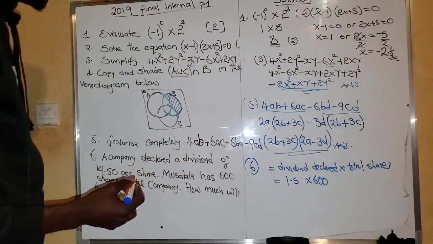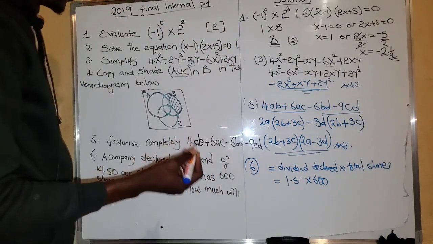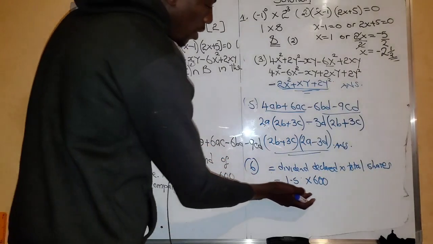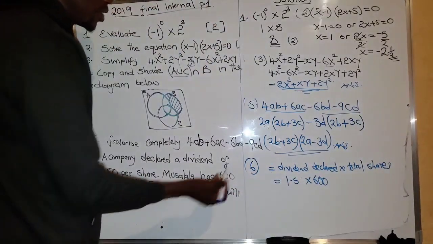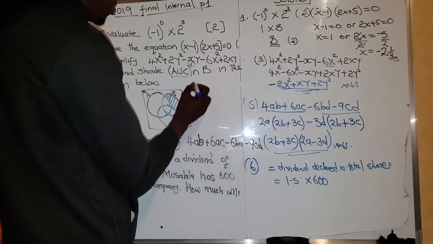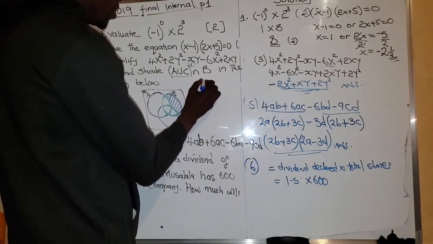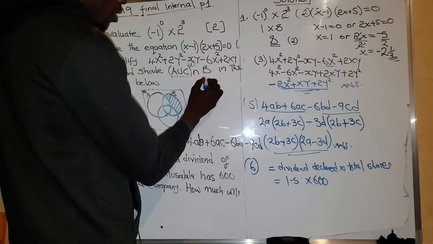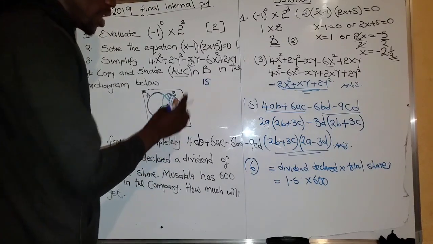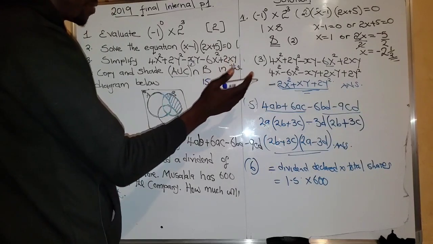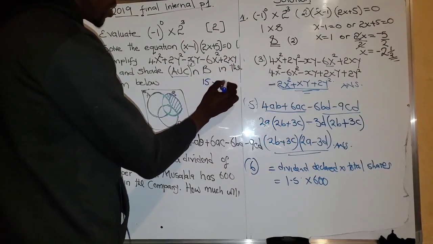So 1.5 times 600. How do we multiply numbers that have points with those that don't have points? So the first thing is to remove this point. When we remove the point, we are going to remain with 115, which is 15. I've removed that point because it was 1.5. Remember, it will be times 600.